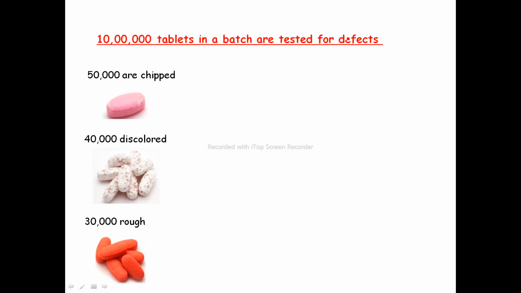First of all, we'll check the probability of chipped, discolored, and rough. So P(chipped) is equal to the favorable number of events, which is 50,000, divided by the exhaustive events, meaning the total number of tablets, which is 10 lakh. So we'll get 0.05, or 5% of tablets are chipped.